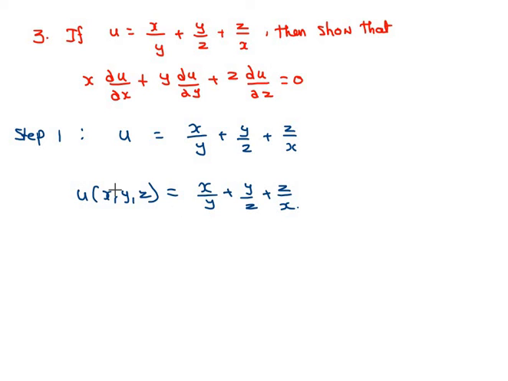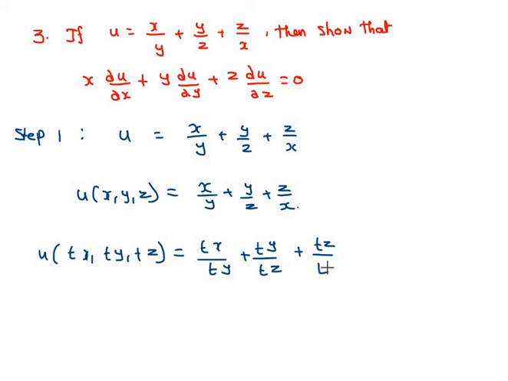For that, just replace in the function u, in the place of x, tx, in the place of y, ty, and in the place of z, tz. So u of tx comma ty comma tz is equal to tx by ty plus ty by tz plus tz by tx. Now in all the terms, t will get cancelled.